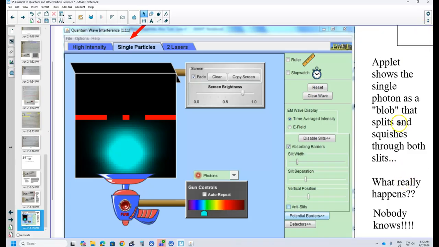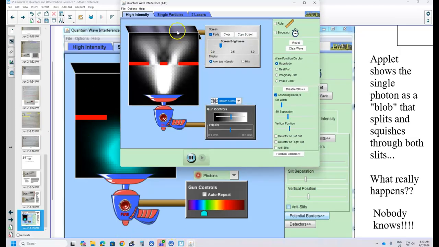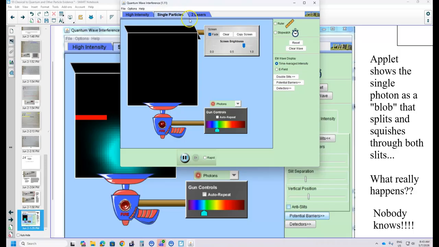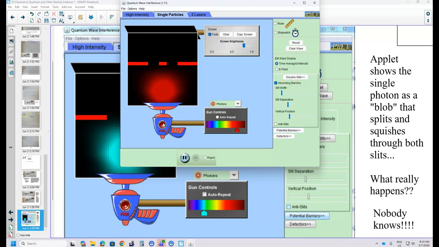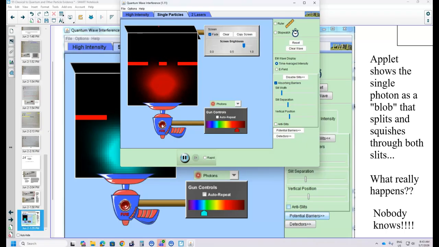And so, the applet shows a single photon. Single particles, here we go. Send in a single particle, a photon, right? Put the double slit in place and send this single particle, and the applet shows it kind of going through the two slits.